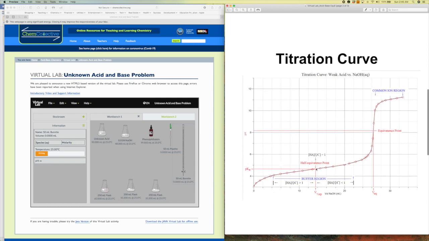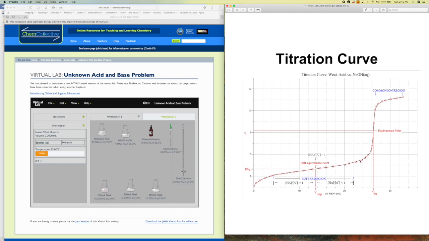And so at this point, in this buffer region, the pH is not increasing by much, right? Very small amounts, but the capacity of the buffer is going down as we're adding more base. And at this point, the buffer has reached its capacity. It's no longer able to act much as a buffer.